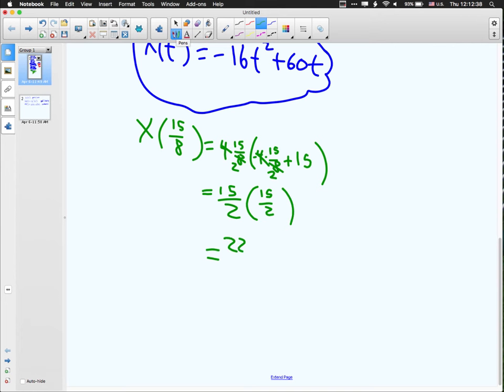I'm going with 225 fourths or 56.25 feet. Don't forget units. Feet.